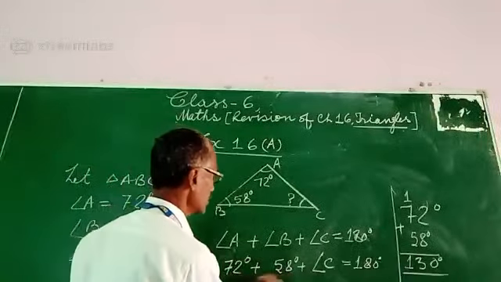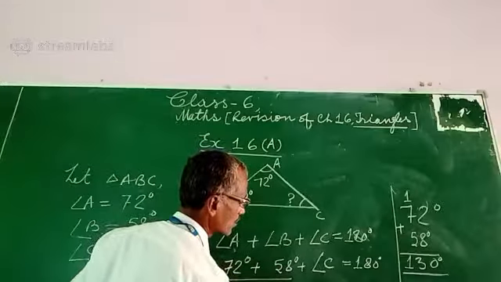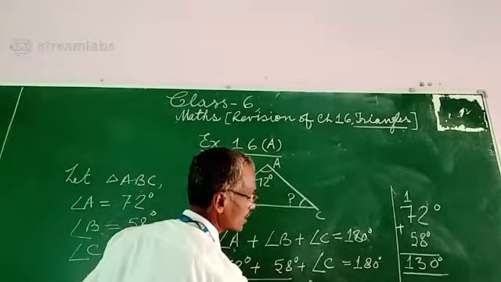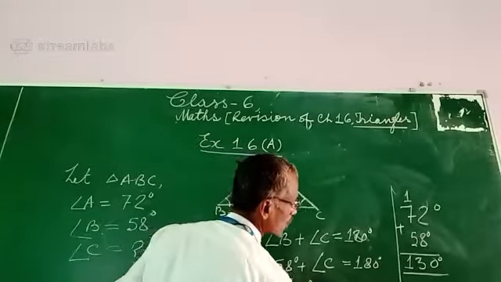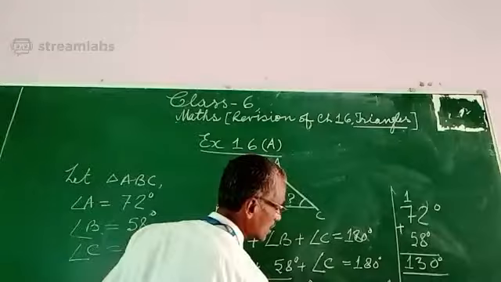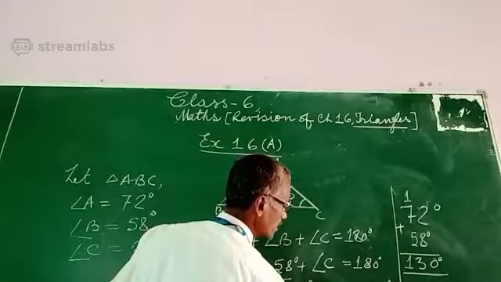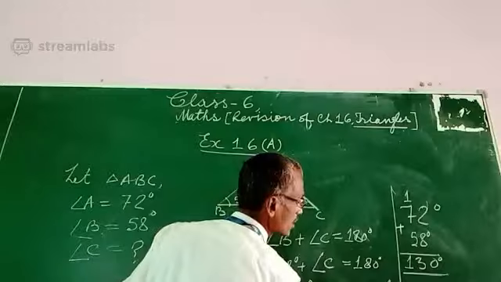It means at this place we will write 130 degree plus angle C is equal to 180 degree. Now transposing 130 to the right hand side, we will get angle C is equal to 180 degree minus 130 degree.